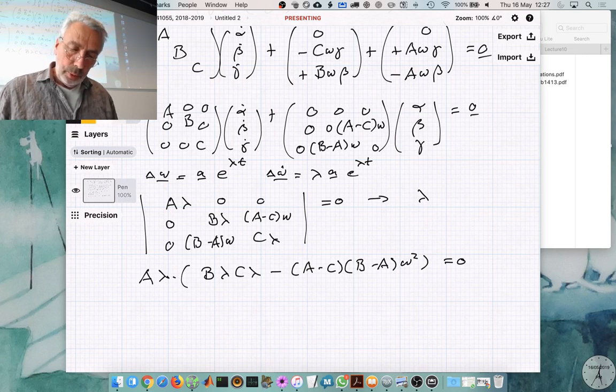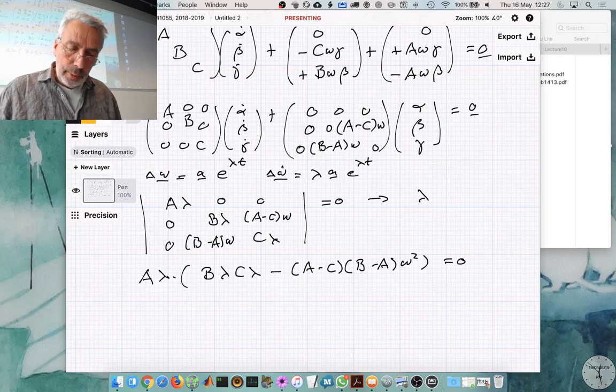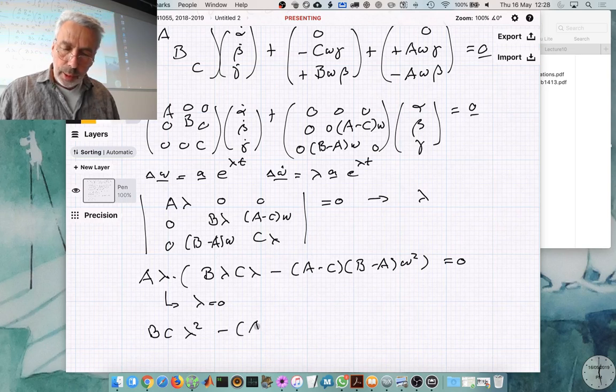Okay, well that looks not so complex. I have one 0 eigenvalue, and looking at the problem, that's super clear also that you have one, because you have two separate systems. You have here a system and here, and they are not connected. They are all zeros. So one 0 eigenvalue, so this is lambda 0, and then the other one is b times c times lambda squared minus a minus c times b minus a omega squared is 0.